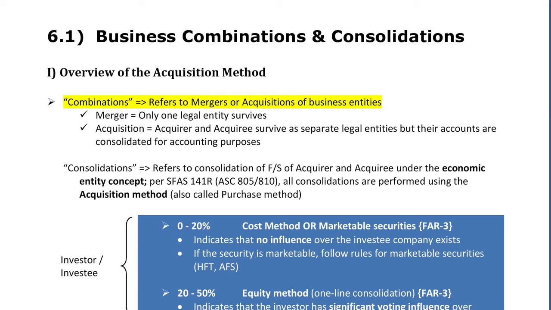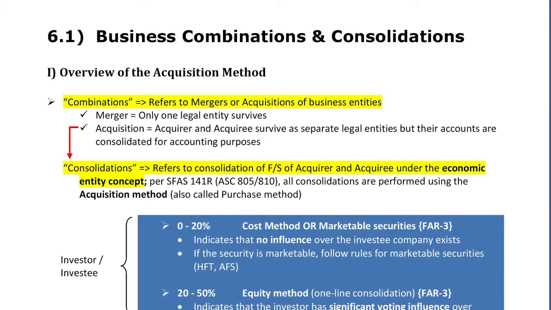And that is why we do consolidations. So draw an arrow from acquisition down to consolidation. And highlight: consolidation refers to consolidation of financial statements of the acquirer and acquiree under the economic entity concept.